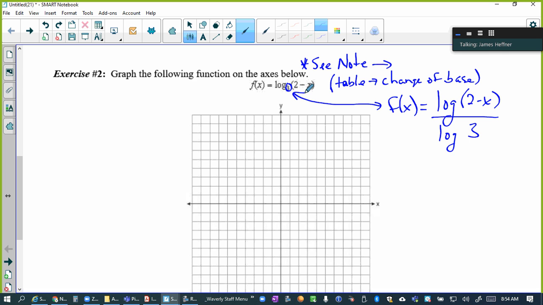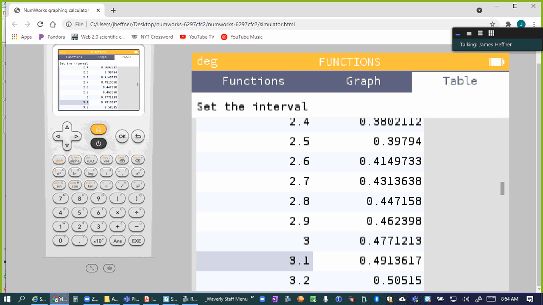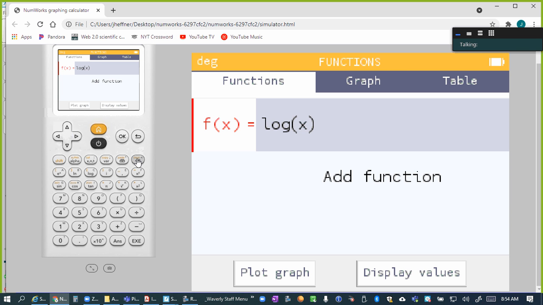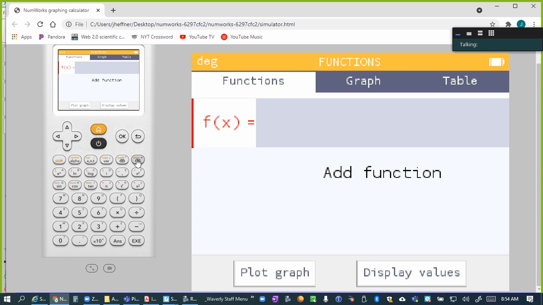So let's go to our calculator then. See what we got here. I want to hit my little back button from here, I think, and then go over here to functions. Let's clear that one out of there and replace it with that thing that I wrote. Now we got to be careful with parentheses and whatnot.